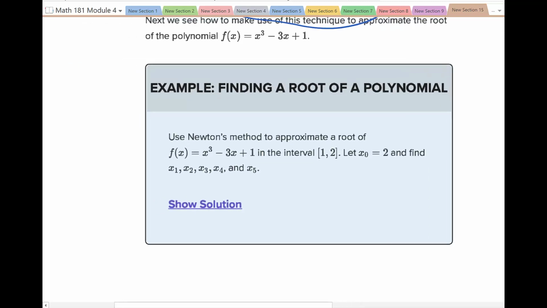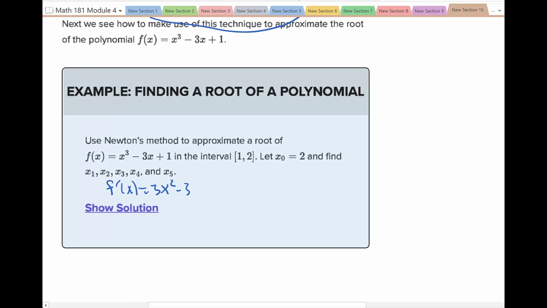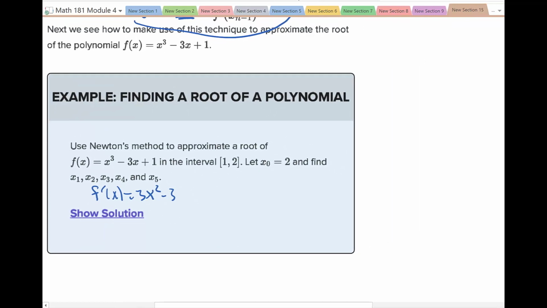Let's look at this function. Our f prime of x is going to be 3x squared minus 3. So the formula we're going to come up with, x sub n, is generated by the previous value, x sub n minus 1, minus f of x, which is x cubed minus 3x plus 1, over f prime of x.